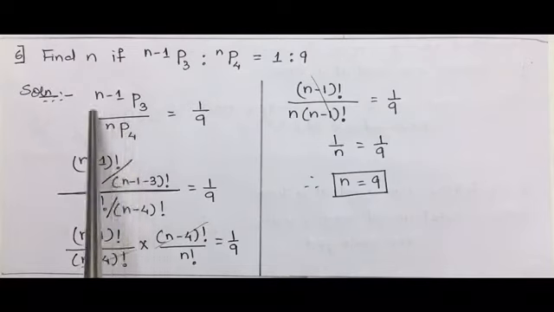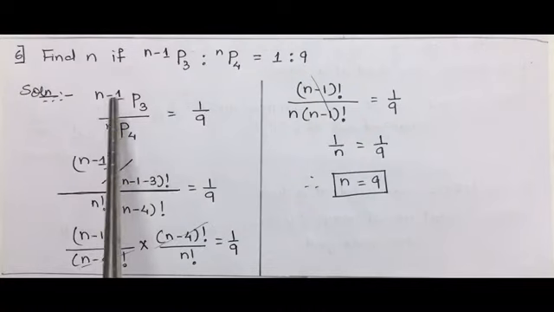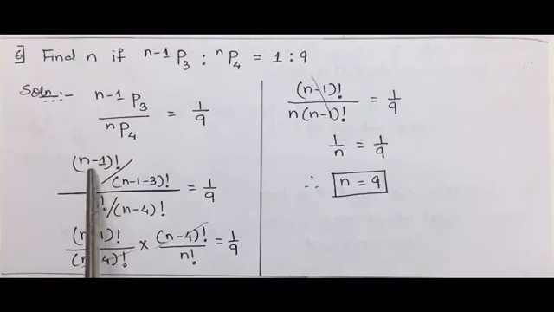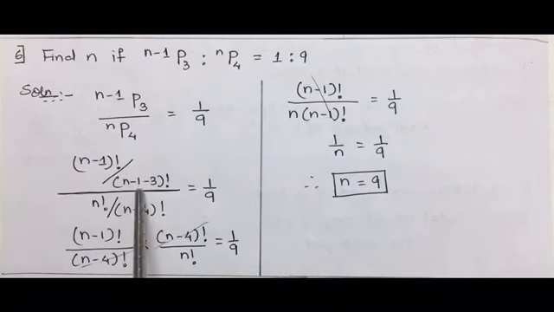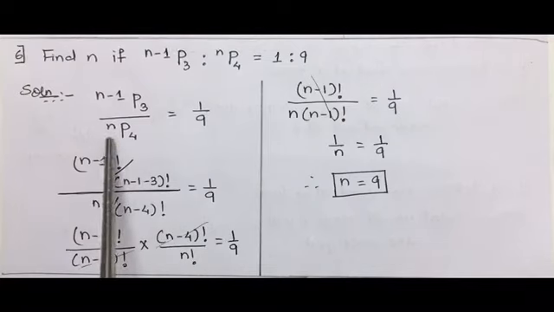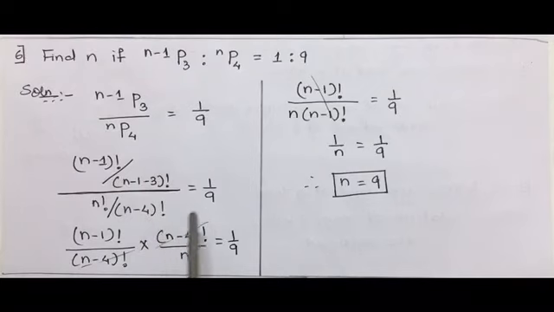Now using the formula of nPr, we get, instead of n, n minus 1 is there. So n minus 1 factorial divided by n minus r, meaning n minus 1 minus 3 factorial, whole divided by n factorial divided by n minus 4 factorial, that is equal to 1/9.